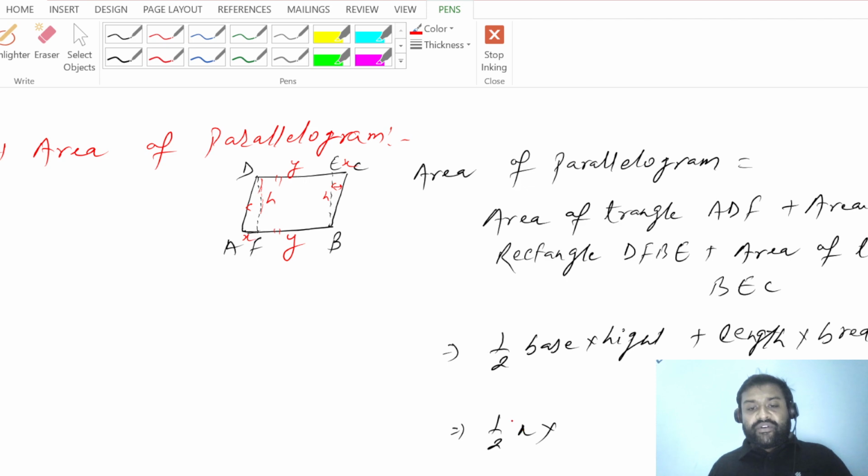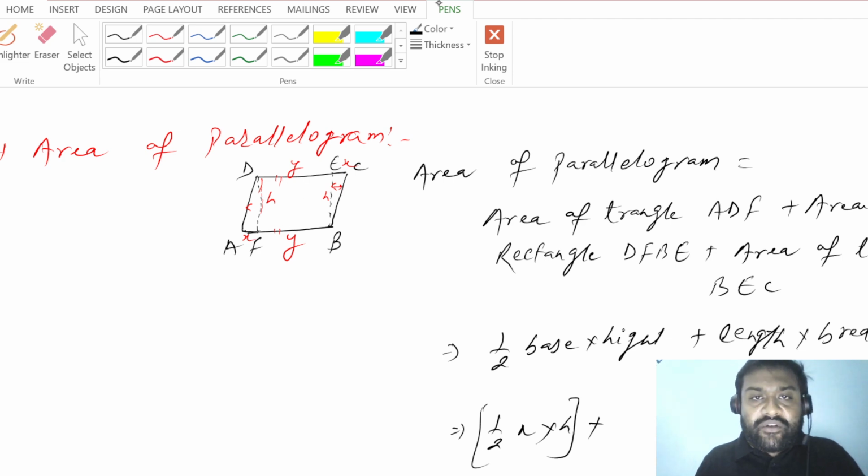Okay, so what we have done over here: half base is x into h for the triangle, plus length into breadth for the rectangle. We have changed it into three parts.